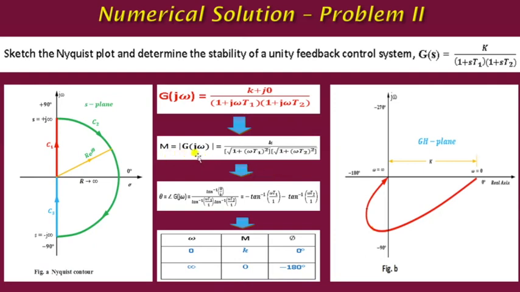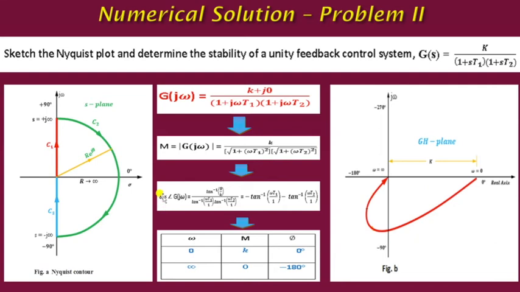Then put omega equal to 0, then find the magnitude. So this magnitude is K. Similarly, when we put omega equal to infinity, then this magnitude is K by infinity, that means 0.